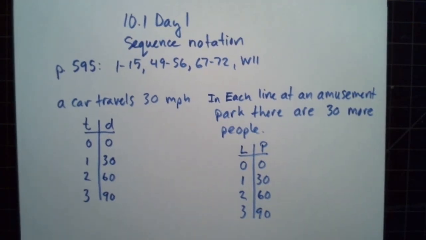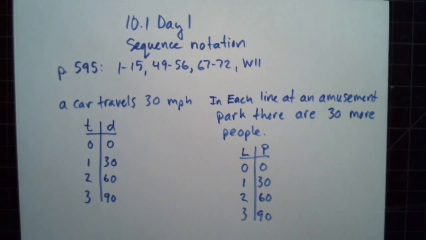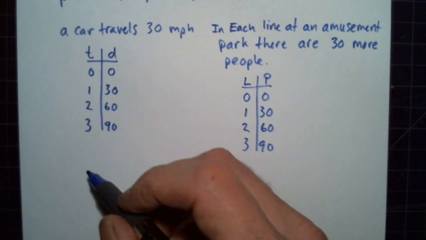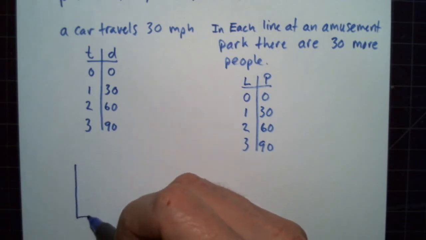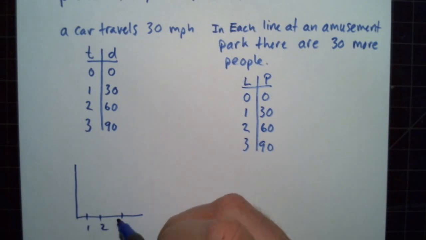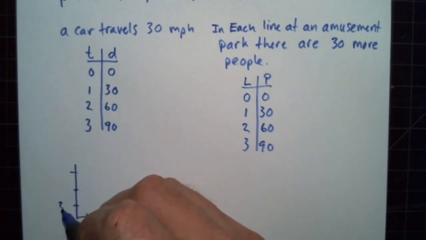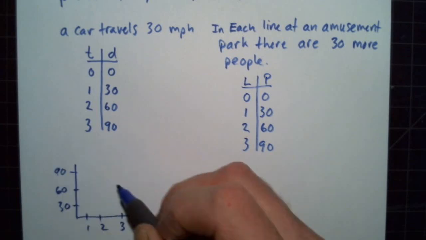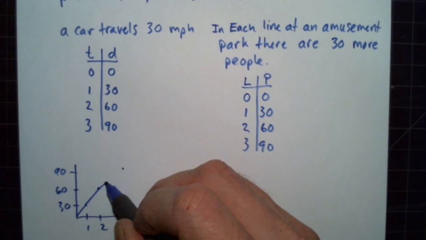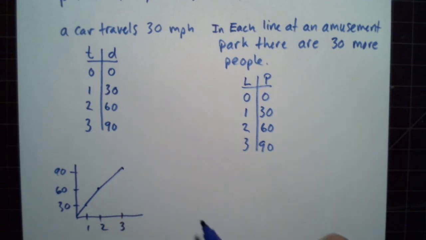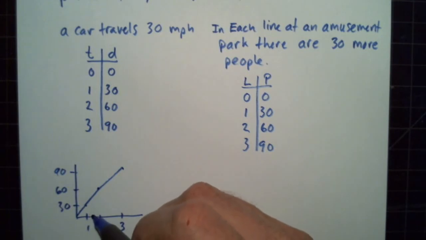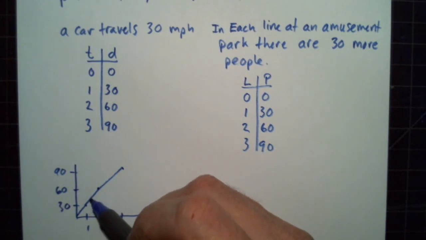And these tables look the same, but are they really the same? And this is the difference between continuous and discrete data. So here I'm just going to plot the points in the table, and we know that the car is, after 1.5 hours, it's gone 45 miles.